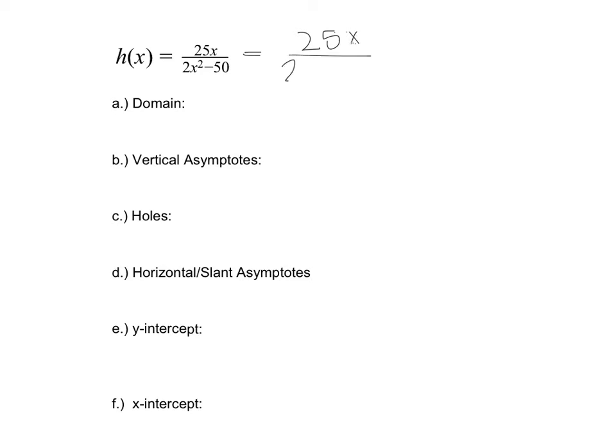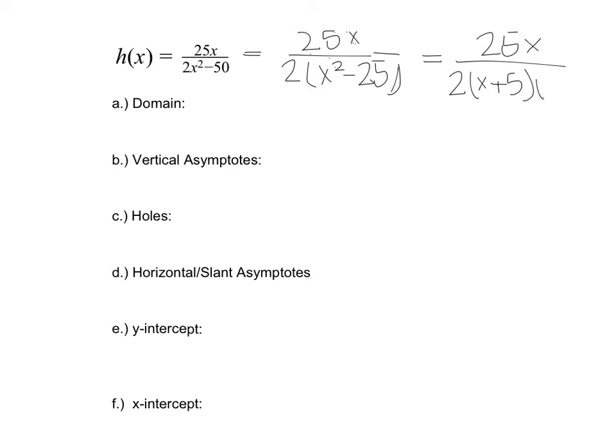I'm going to factor out the 2 first, and we end up with x squared minus 25, which when factored, because it's a difference of squares, gives us 2 times x plus 5 times x minus 5.